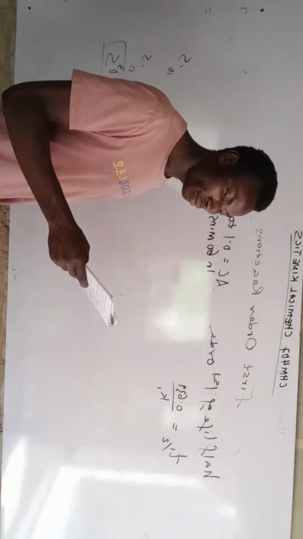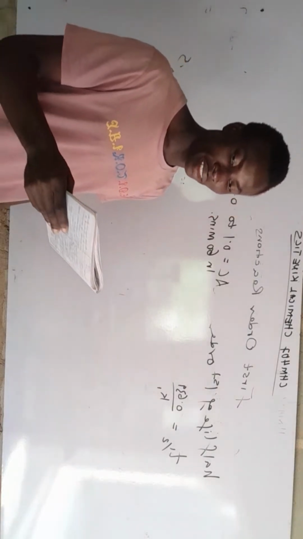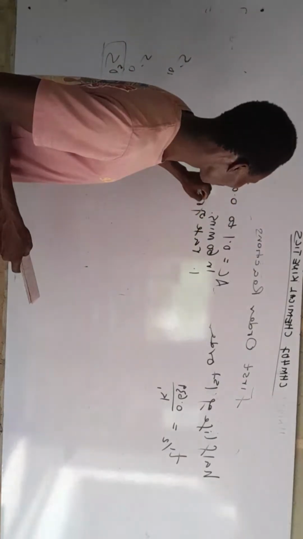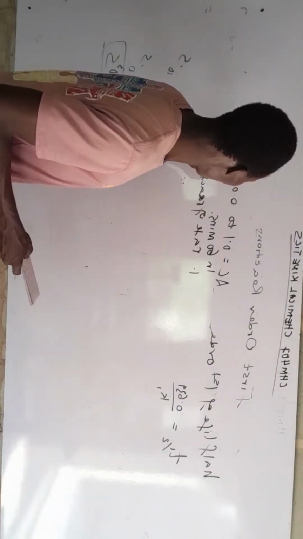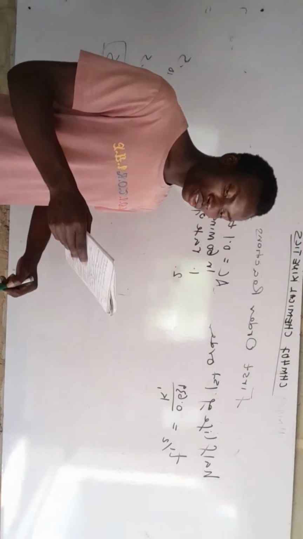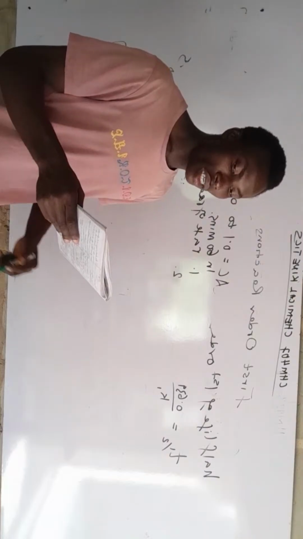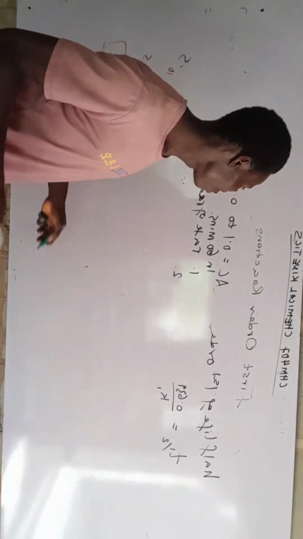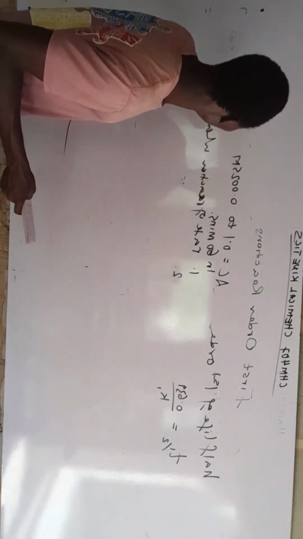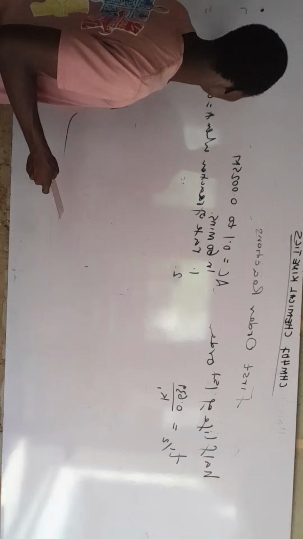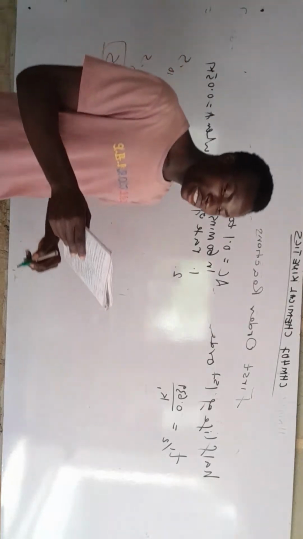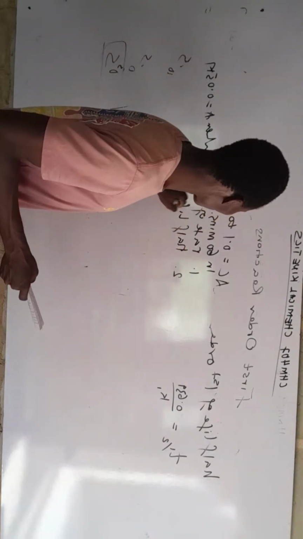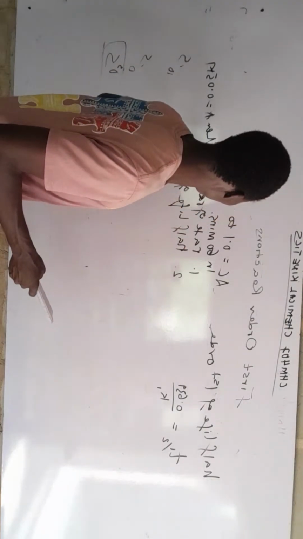The question asks: number one, calculate the rate of reaction. Number two, the rate of reaction when the concentration of A is 0.05 molarity. And the third one says the half-life of the reaction.